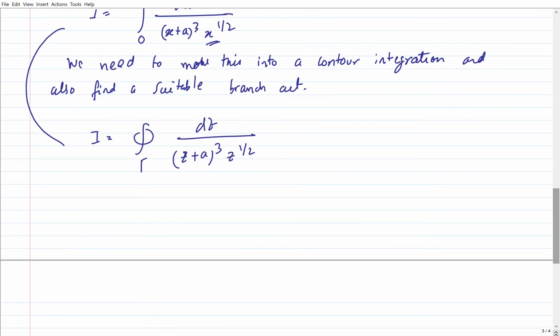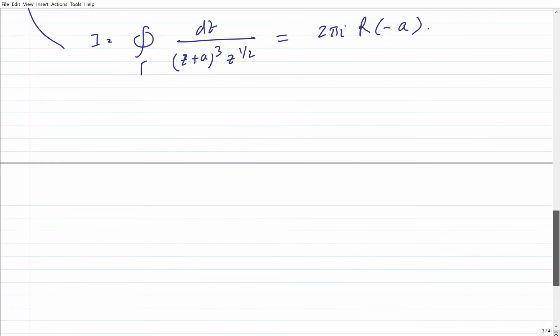By the way, this is nothing but, according to our theorem, 2 pi i times the residue evaluated at z equals minus a, if I choose a suitable contour.